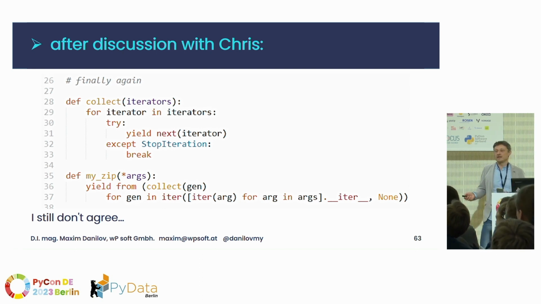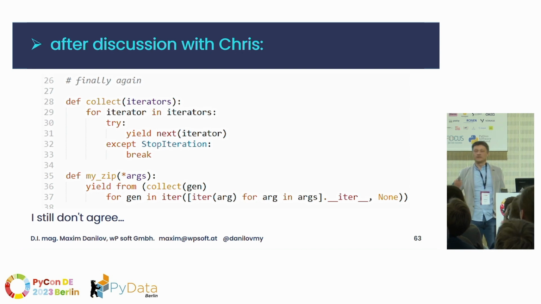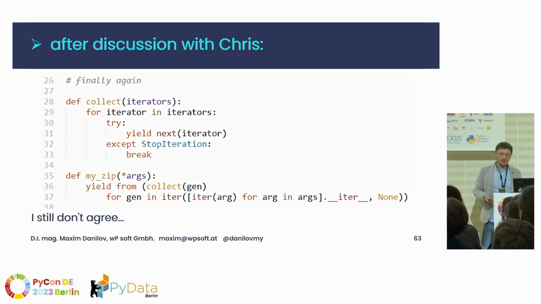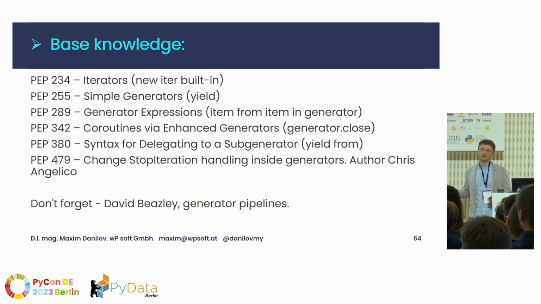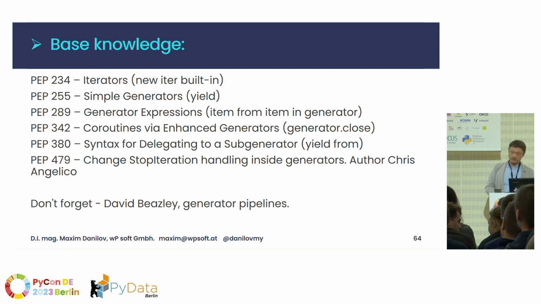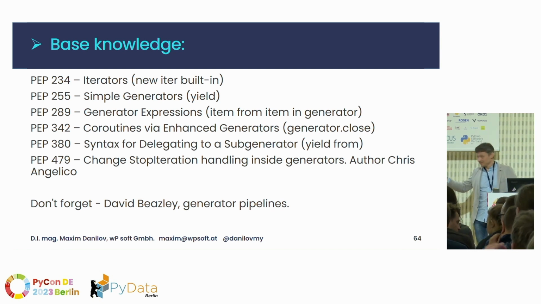I still don't agree, and Chris offered me to open a discussion on the Python forum, and yeah, of course I want to do it. I don't agree with this PEP. Okay, PEP 479 breaks our rules for how we work with generators, and I think this PEP is wrong. Funny, yeah?